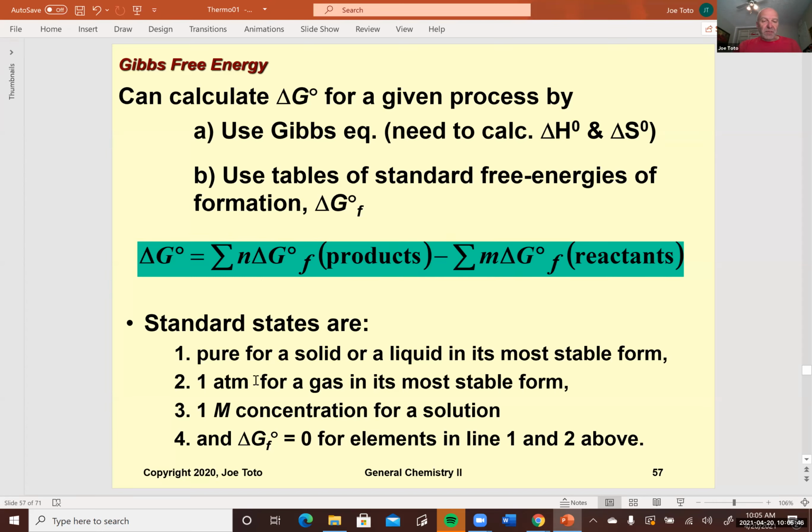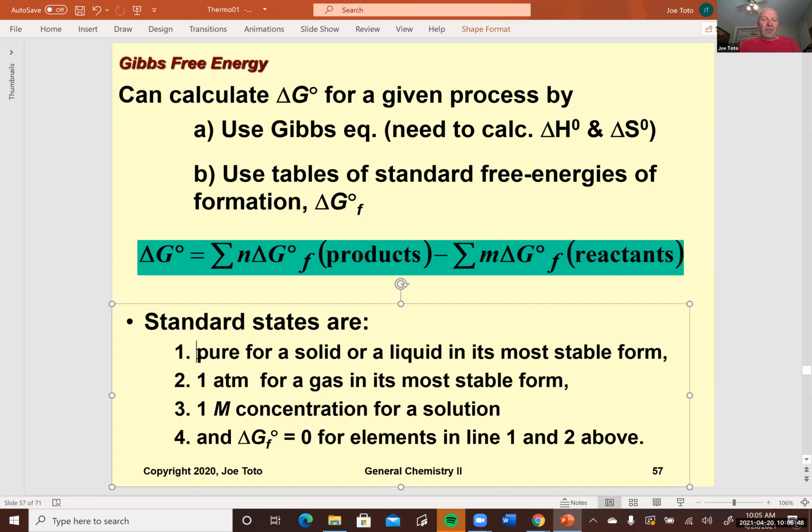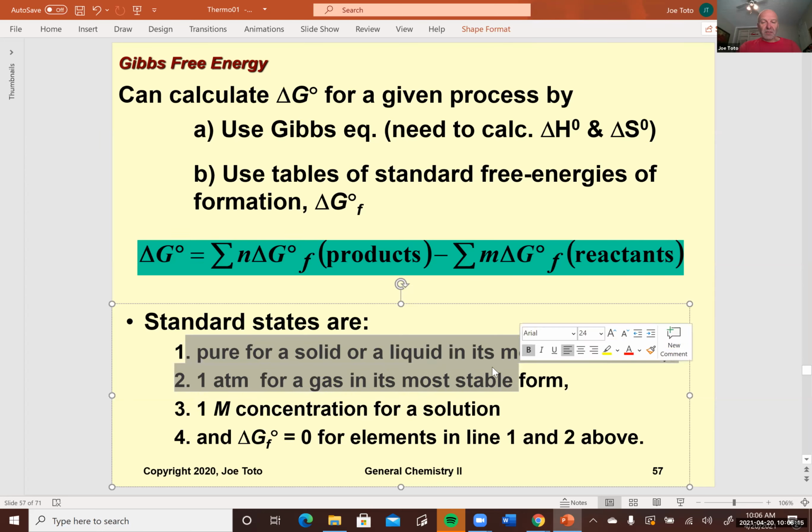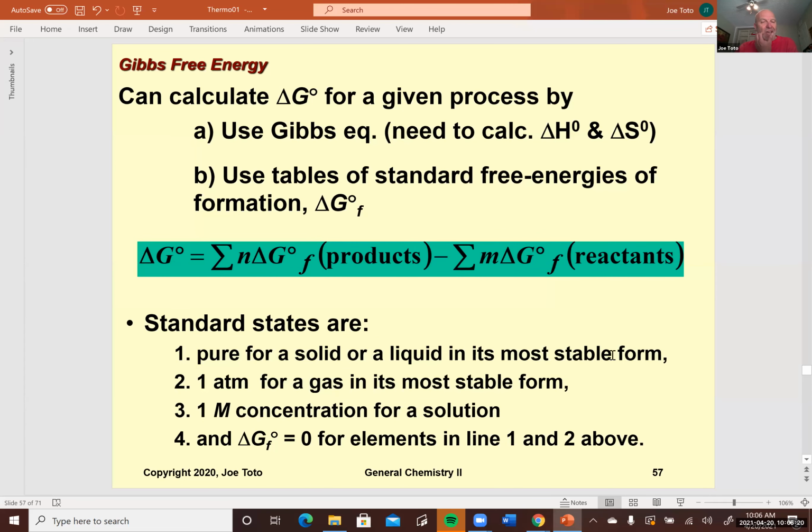The standard states for Gibbs free energy are again the ones that we used before for delta H: any gases have to be at 1 atmosphere. Now we introduce concentrations of solutions. So the standard concentration for a solution is 1 molar. And the delta G of formation is 0 for these guys. Okay. Any questions on that?